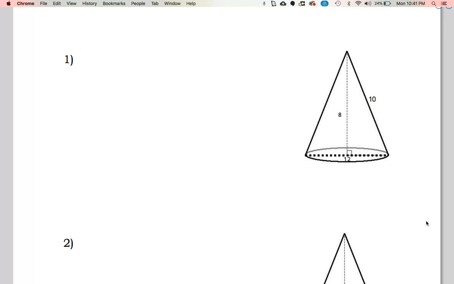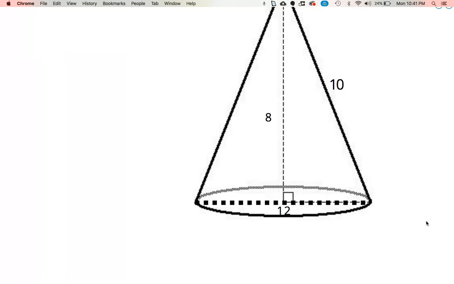And we have a couple examples here. Let's take a look at what we have. We have the height, which we do not need. We have the diameter, and we have the slant height. So the radius is 6, slant height.